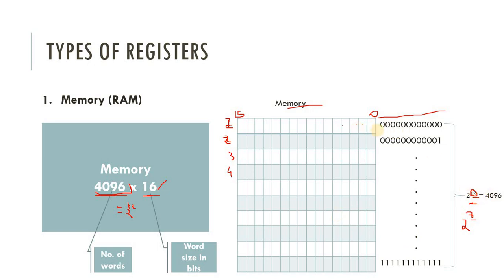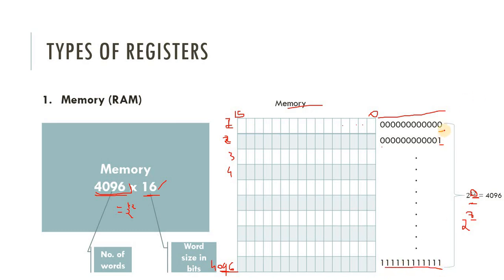So here you can see the value of the first address is all zeros. Then the second block's address starts with zeros and goes up to 1. The third is 0000 up to 010 and so on. And the last block's index value is 4096, and the address of this block is 1111, meaning all ones.